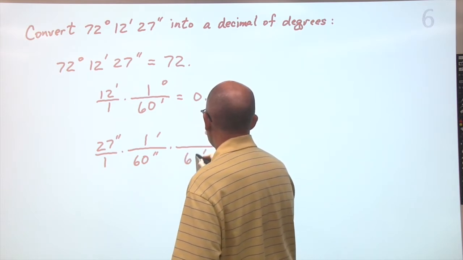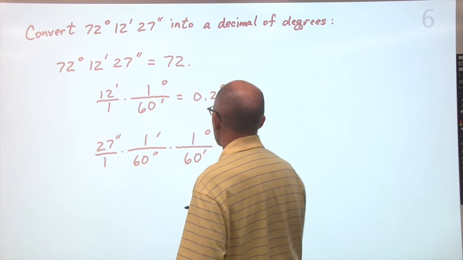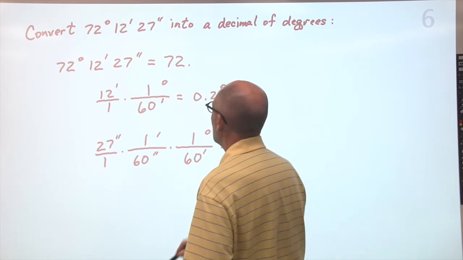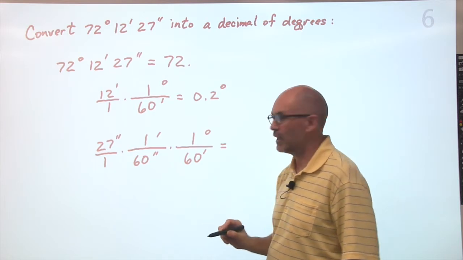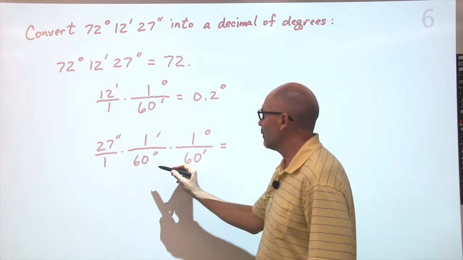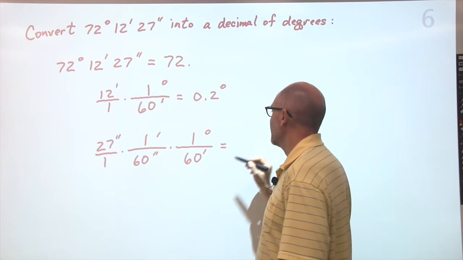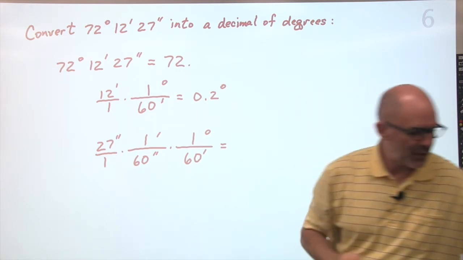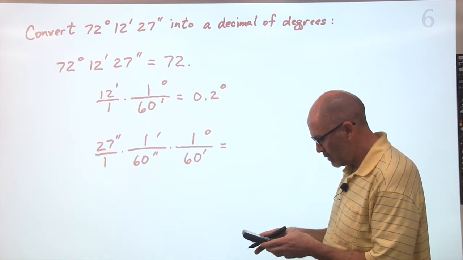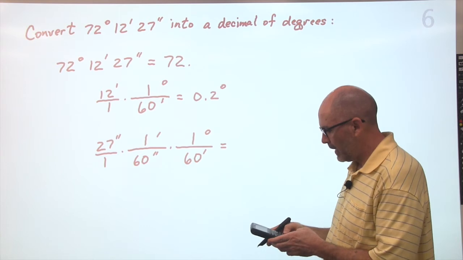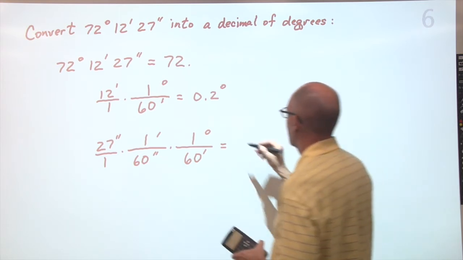There are 60 minutes in 1 degree. So notice basically I'm dividing 27 by 3600. Now the minutes cancel, the seconds cancel, the minutes cancel, and I'm left with degrees. So 27 divided by 3600 is 0.0075.